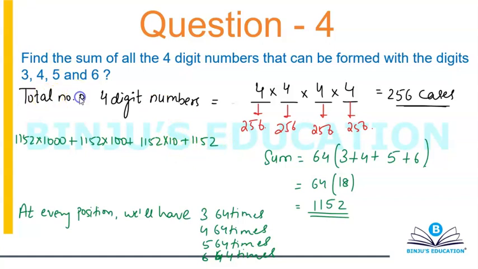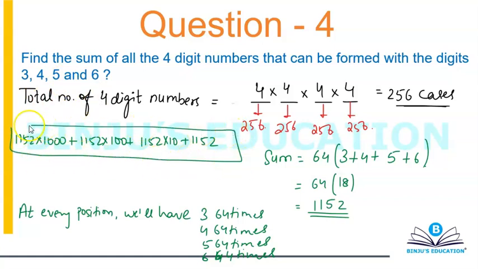Now this will be the sum. This 1152 represents the sum of all the digits at the respective position.